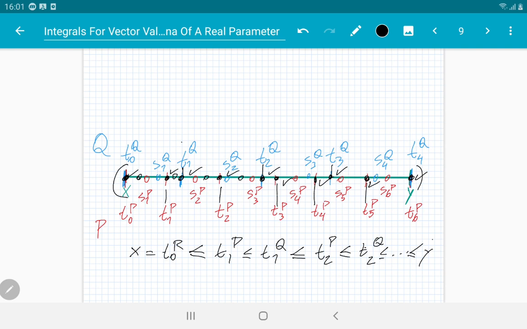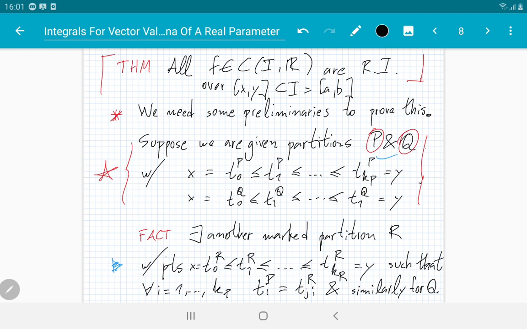I'm not going to do it, but the important thing is that you understand where the T points of R, the subdivision that R produces in the interval from X to Y, come from: the union of the points of P and Q. And that's what we call a common refinement of P and Q. Meaning R is a refinement of P because it makes a smaller subdivision of the interval XY than P does. So basically R is obtained from P by adding more points to the subdivision, and the same for Q.